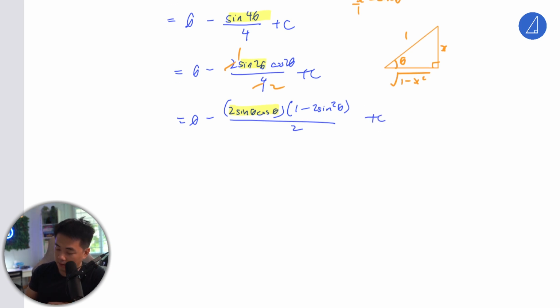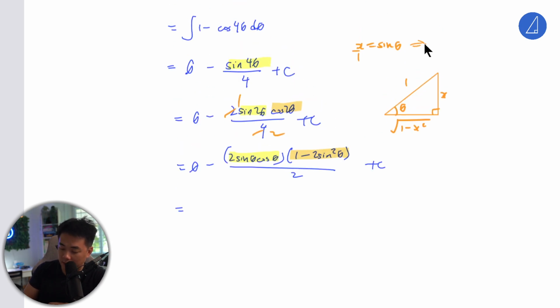Then these 2 will cancel away. This is this, right? This is just a double angle. So this will just be 2 cosine theta. Theta will be from here, we know it's just sine inverse x. So cosine theta here will just be square root of 1 minus x squared, and sine theta is just x, right?